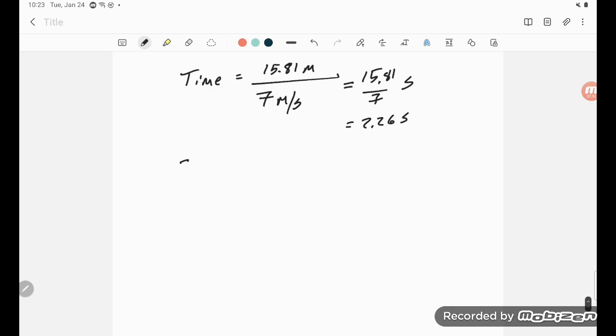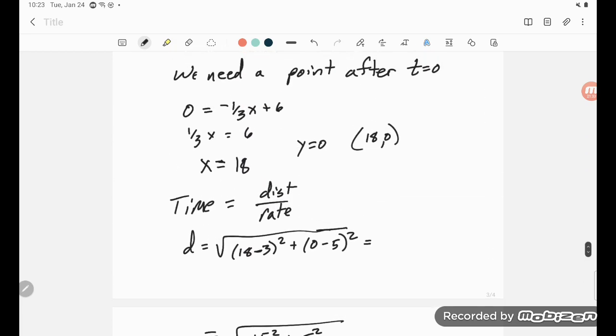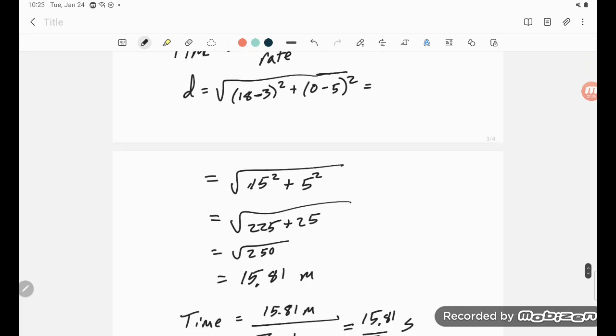So A plus B times our T, 2.26, equals our position, which was 18. That was our point, 18, 0.